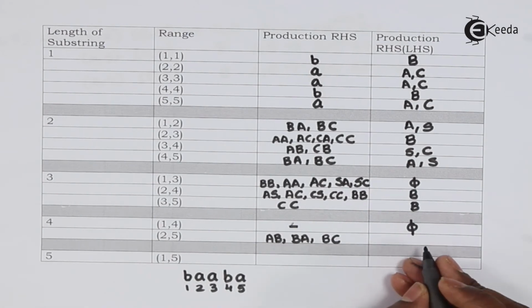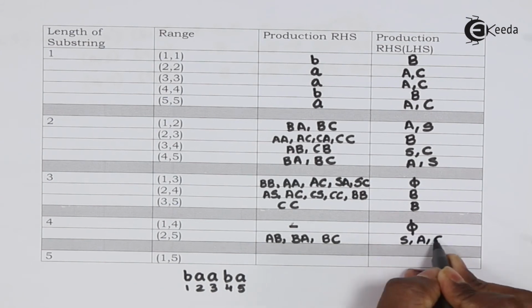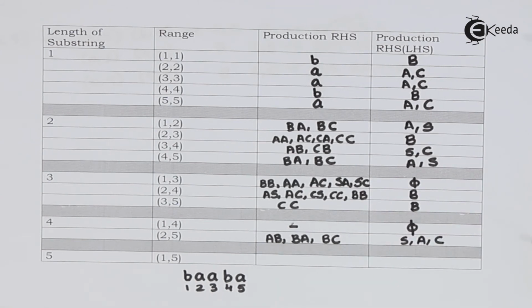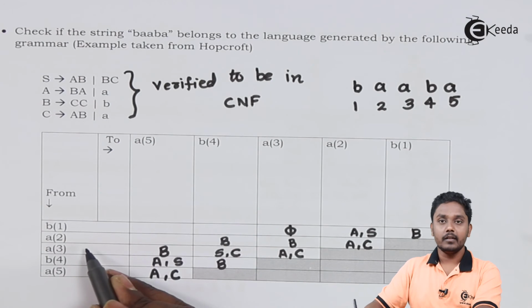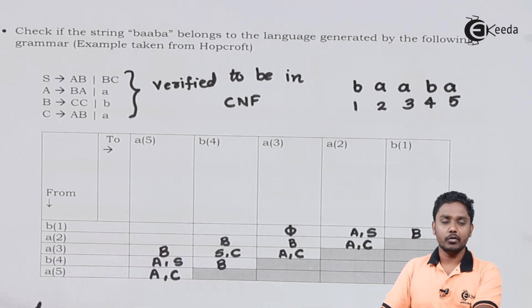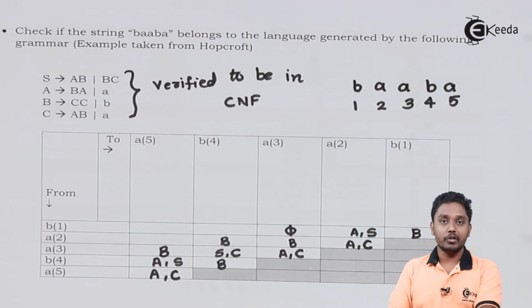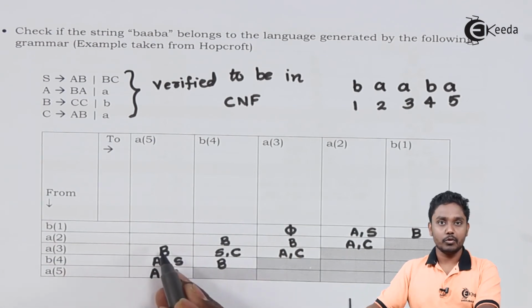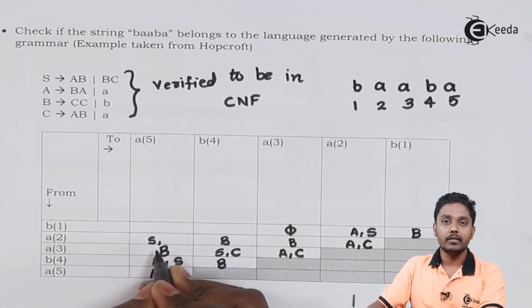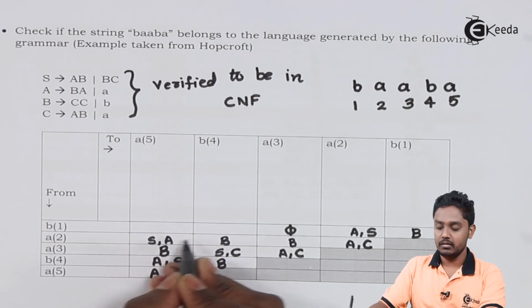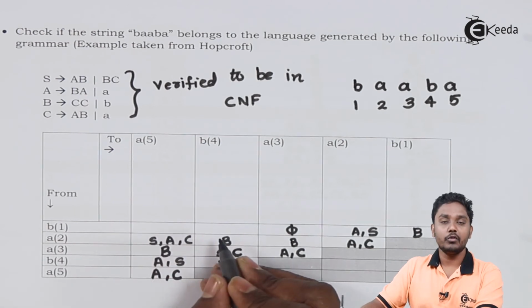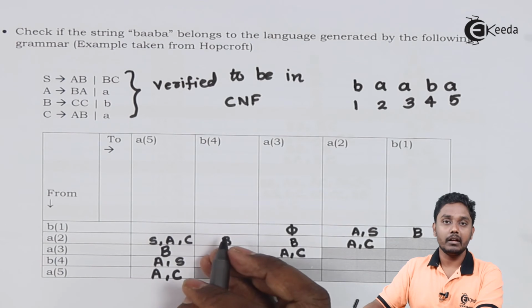The respective LHS were S, A and C. Let us write this information to our table. 2 5 is generated using S, C and A, so we will write that into second row, fifth column: S, A and C. 1 4 was not generated. We embed that information also.